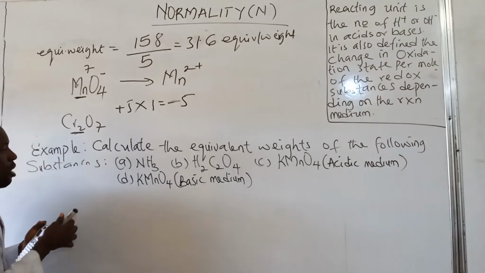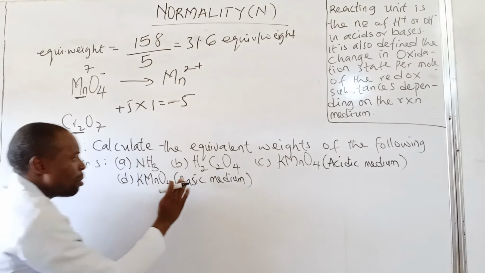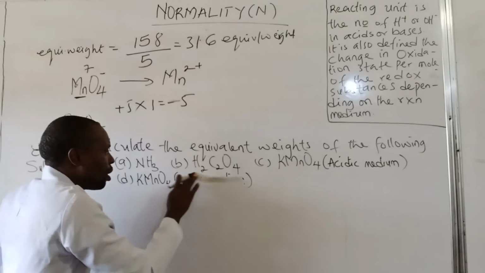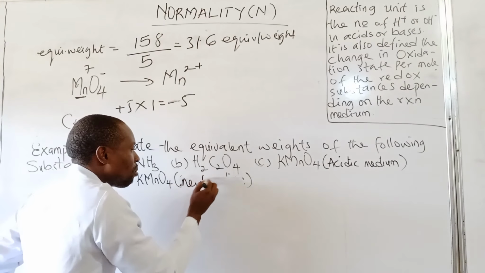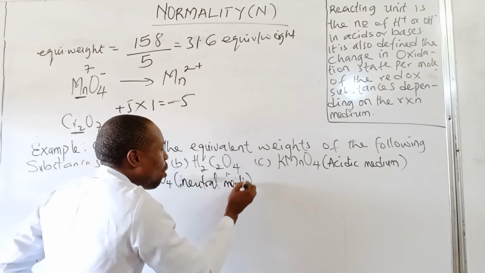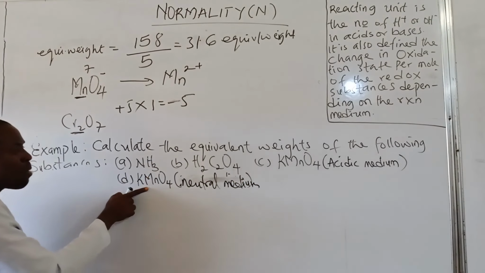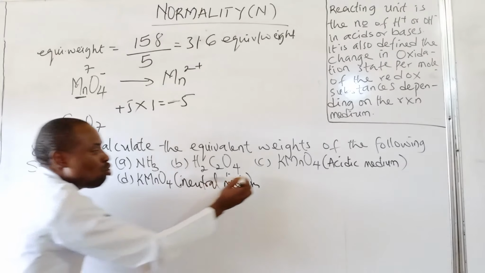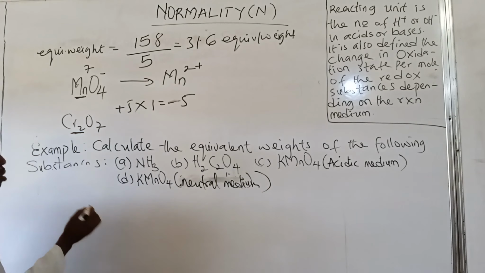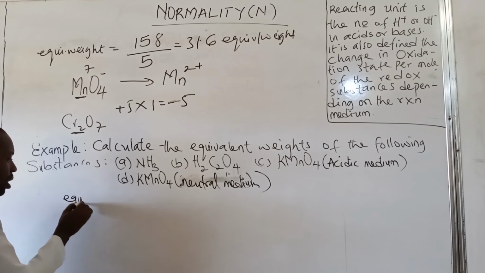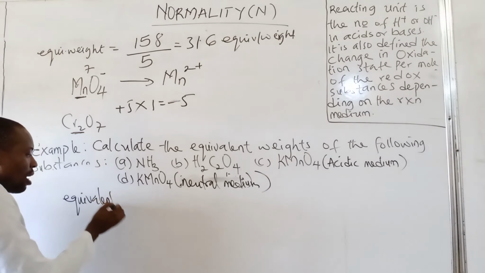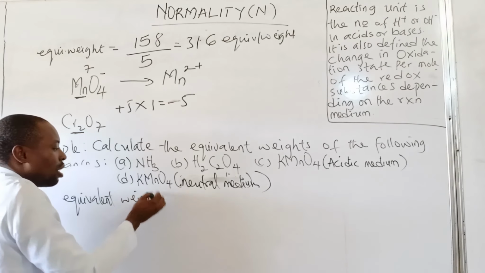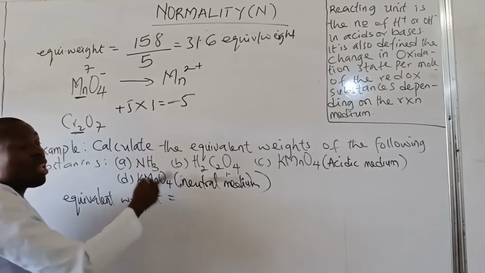Now, lastly, let me do this one for a neutral medium. Now, in the case of potassium permanganate in a neutral medium, it's also very simple. So the equivalent weight is equal to the molar mass again.